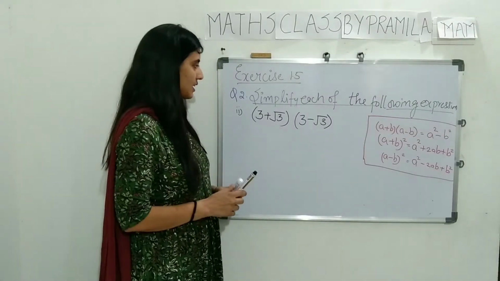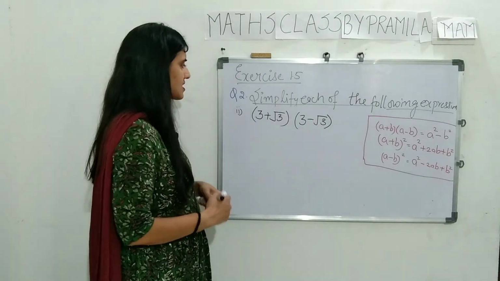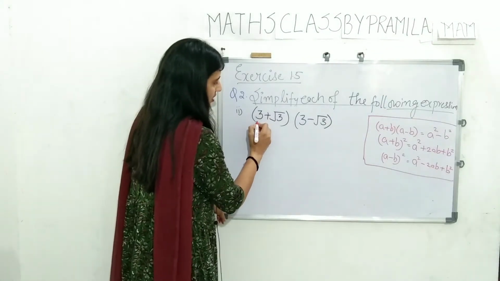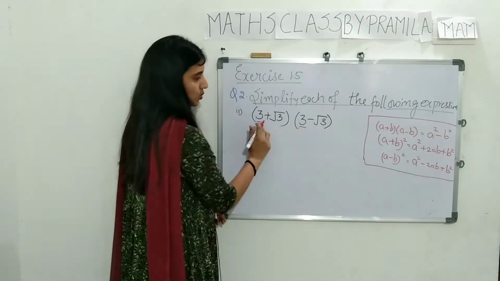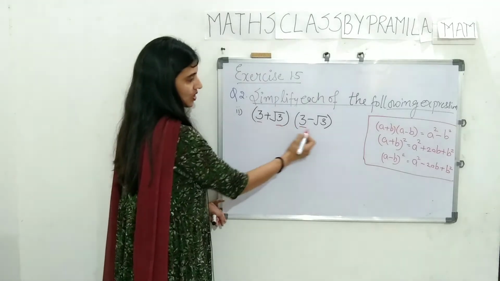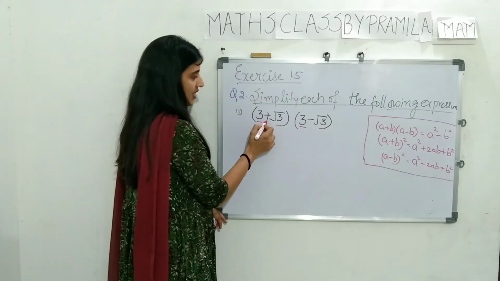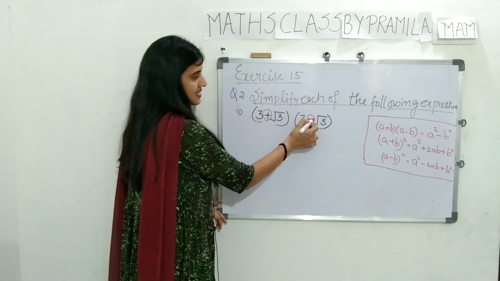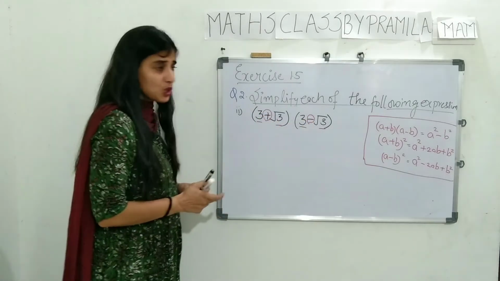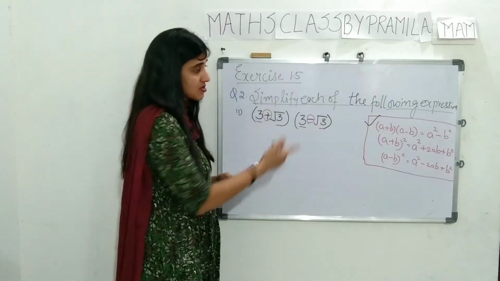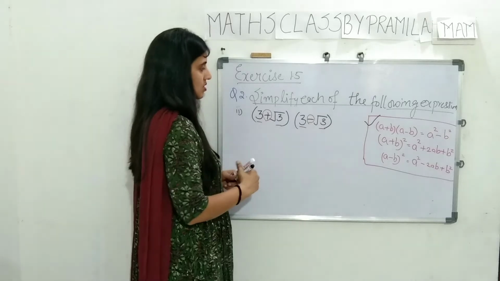Understood? We'll take the second problem sum. Again it's very easy. Can you see in the second problem sum, 3 and 3 both are the same, and root 3 and root 3 both are the same, but there is only one difference, that is sign plus and sign minus. Can we use the very first identity? Yes, of course we can use this, almost similar to this.